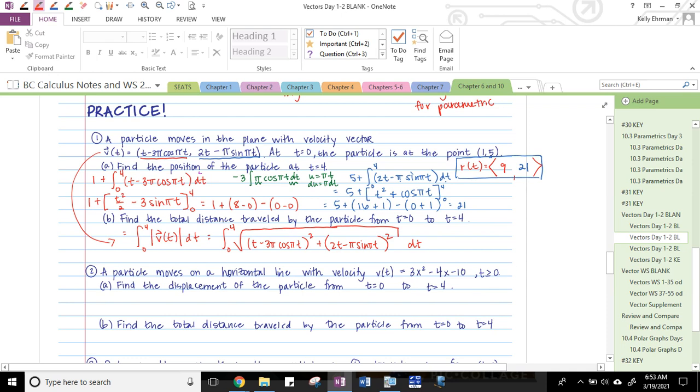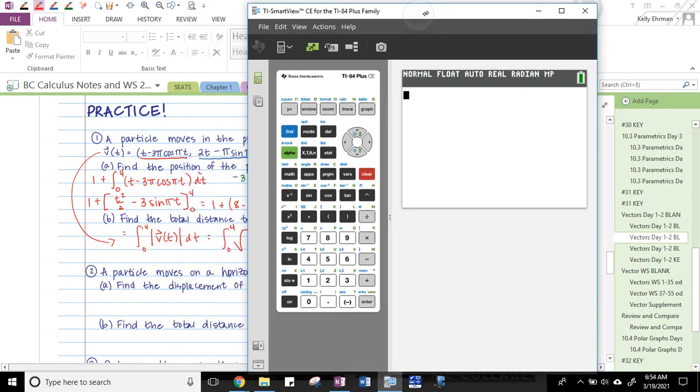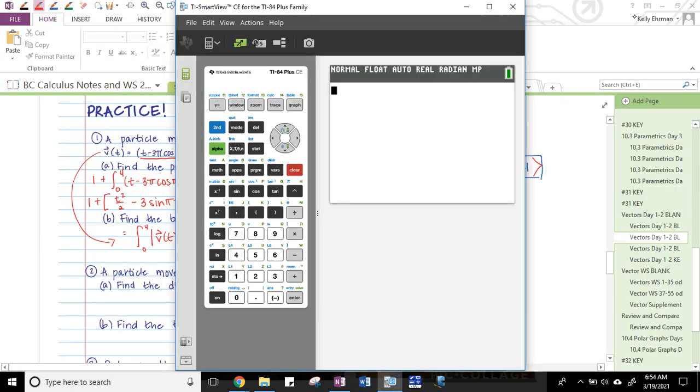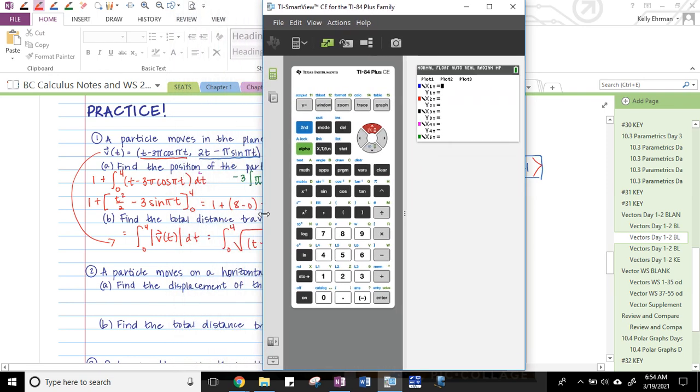And we're going to put this into our calculator. Now you can type it all out, or you can store in your equations. I think I'm going to store in my equations. I kind of like doing that.